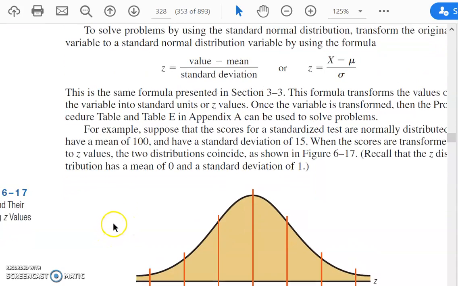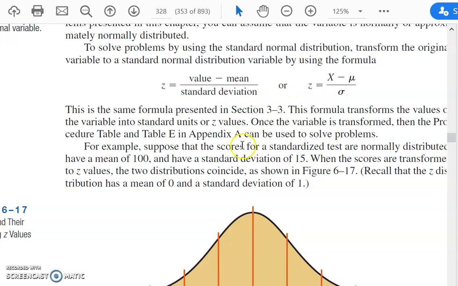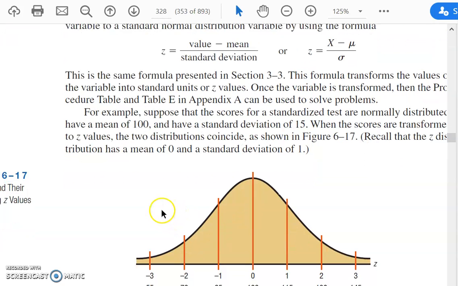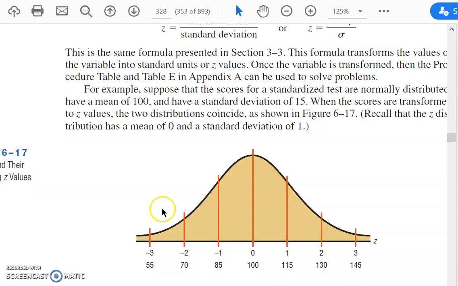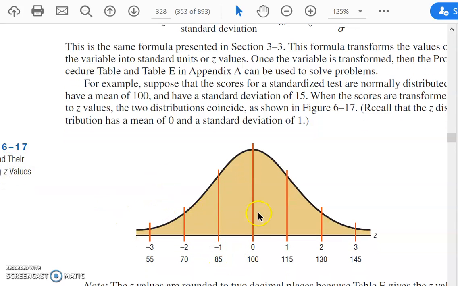Where we left off, we were talking about how the x values, the original data values, are transformed into z values. And here's an example. Now, you psychology majors might recognize this. This is what we used to call an IQ test. The average IQ was 100. So we've got 10,000 kids that we took their IQ test.